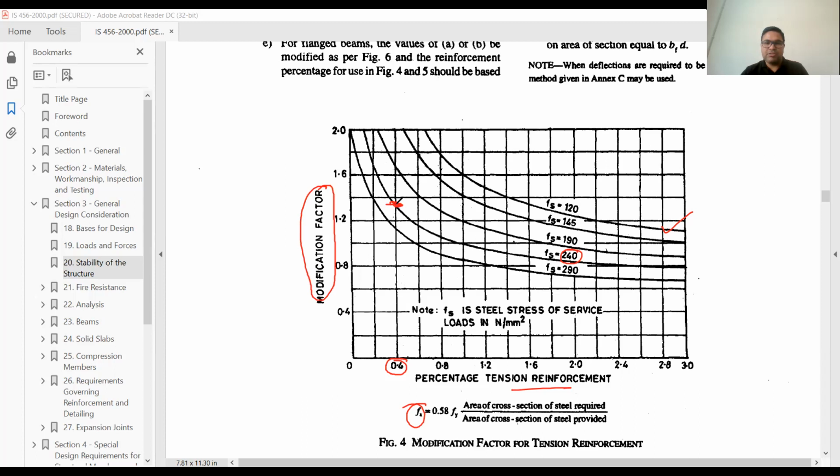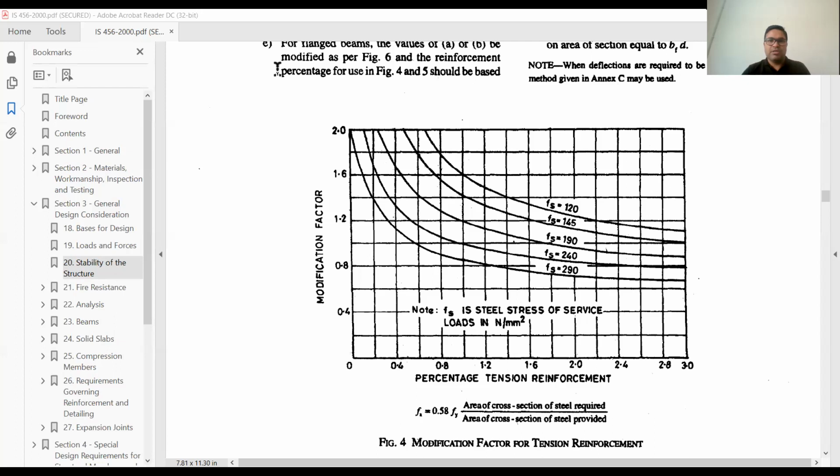So corresponding to this, the factor can be say 1.3. So this is how we can find out this modification factor depending on the amount of steel. Now the optimal percentage of reinforcement that our slab generally has is around 0.3%.